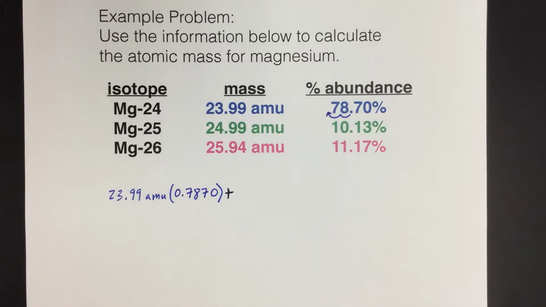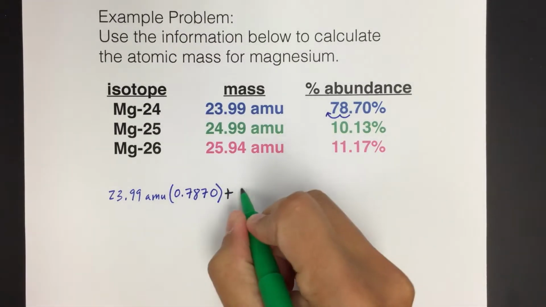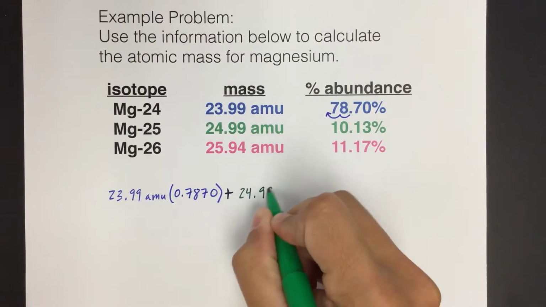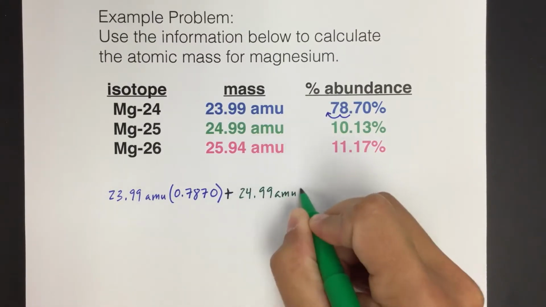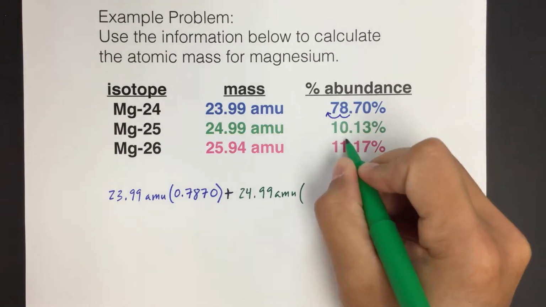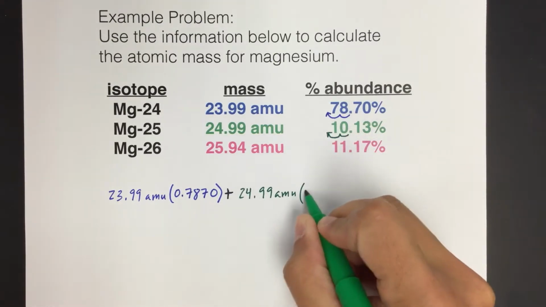All right, so then we want to add the next piece, magnesium 25. That has a mass of 24.99 AMU, and the abundance is 10.13. So again, I want to move this decimal.